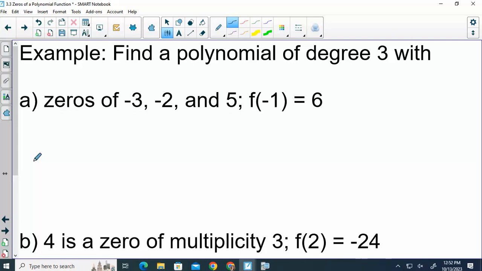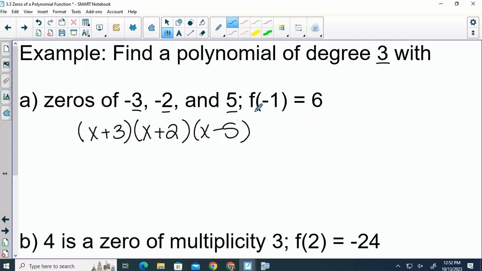So if I want a polynomial, degree of 3, with the following zeros. So degree 3 tells me I have 3 zeros, and I listed all 3 of them. If negative 3 is a 0, what goes in my parentheses? If negative 2 is a 0. If 5 is a 0.